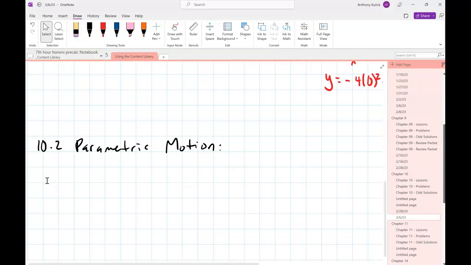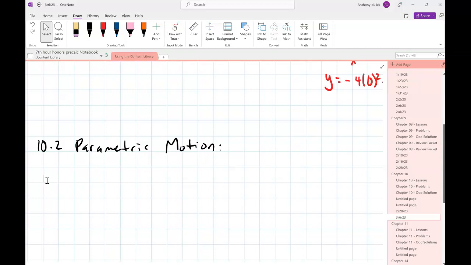When we talk about kinematics or motion, we really talk about two different types of motion, right? One-dimensional motion, where something's just moving up and down, and then two-dimensional motion, where it's moving out and up, right? Like throwing a ball up and down is one-dimensional, versus playing catch, which is two-dimensional.